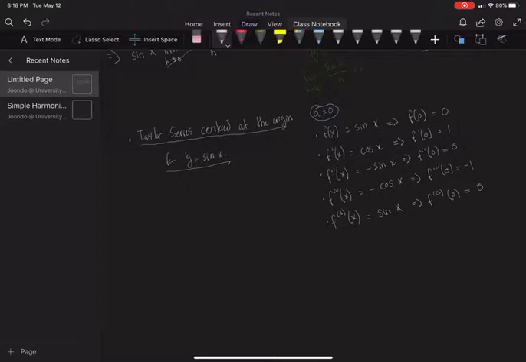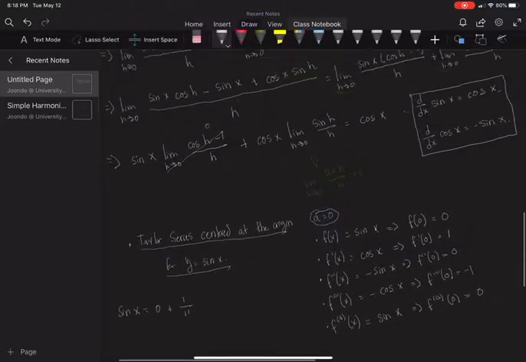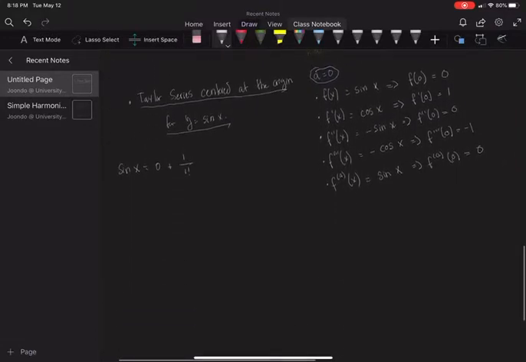But anyways, so let's try this. Sine of x really is equal to 0, plus 1 over 1 factorial x, plus 0 x squared, right?